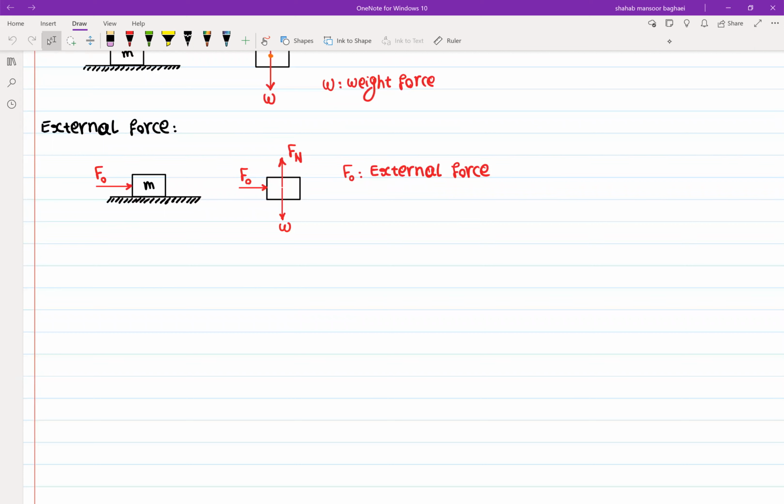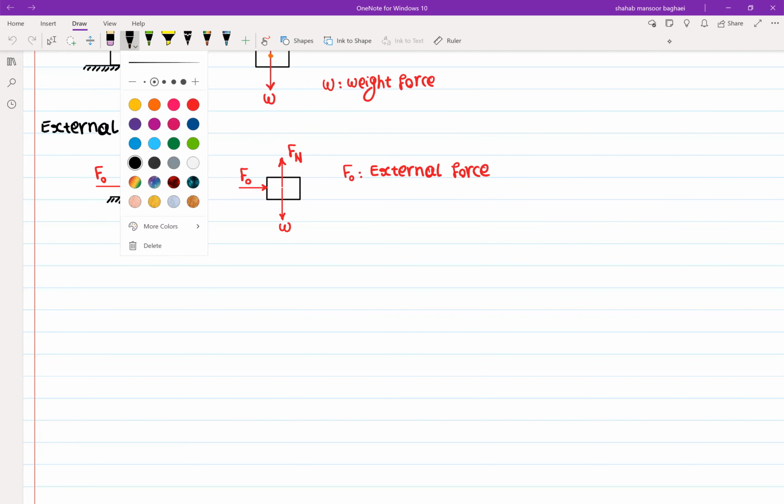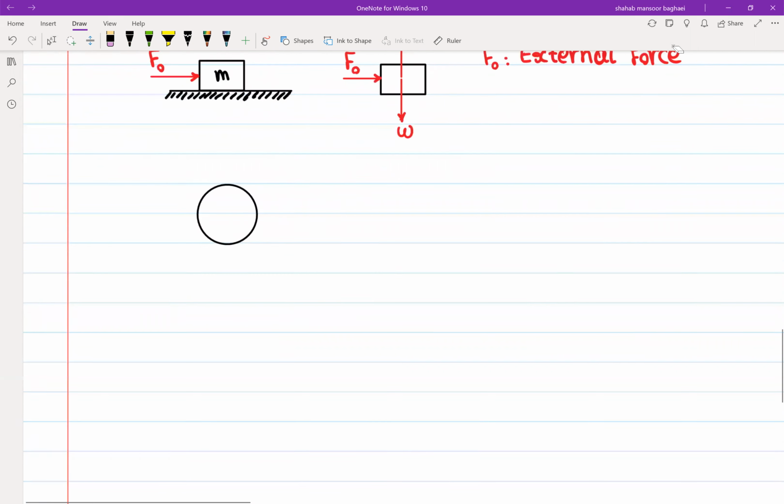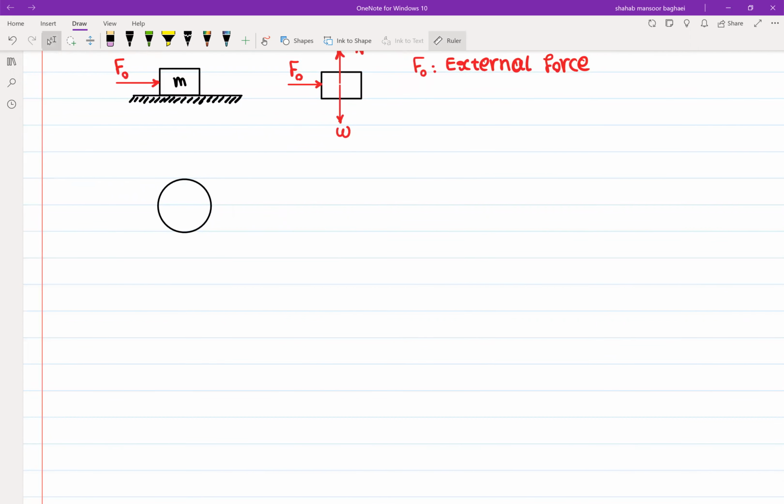Imagine there is a pulley here. And around the pulley, we have a cable.